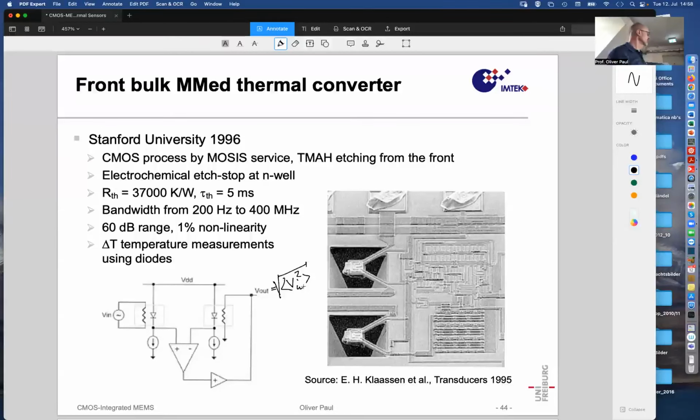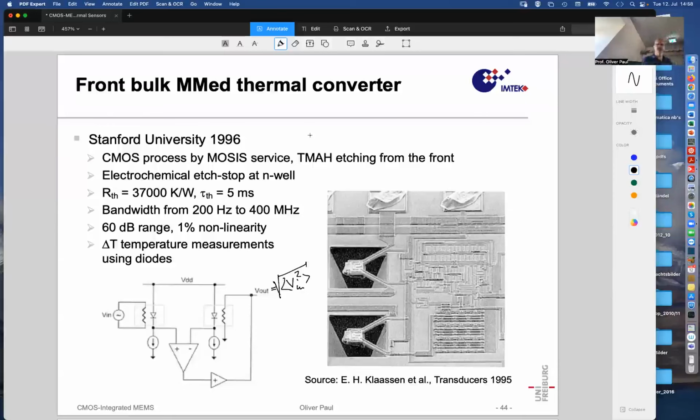And so they used a CMOS process by a service that existed then, the MOSIS service, so university groups could address this organization, MOSIS, that had access to CMOS foundry processes and took care of all the handling of the data files and compiling data files of different research groups on the same wafer, and then chips came back.